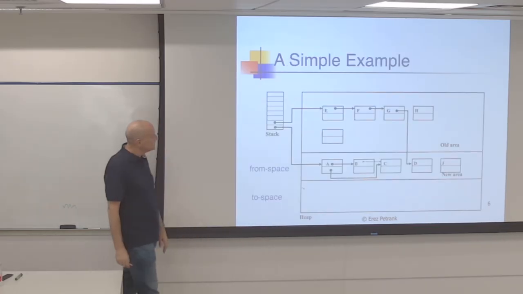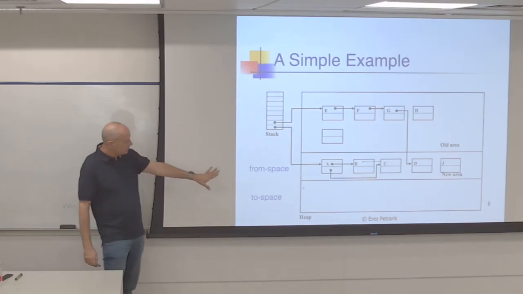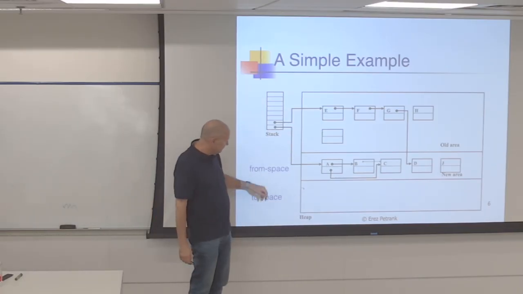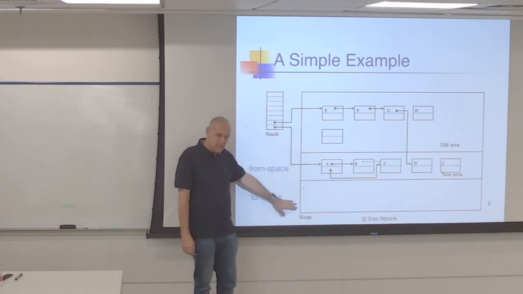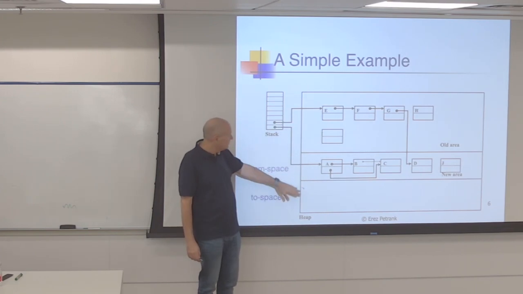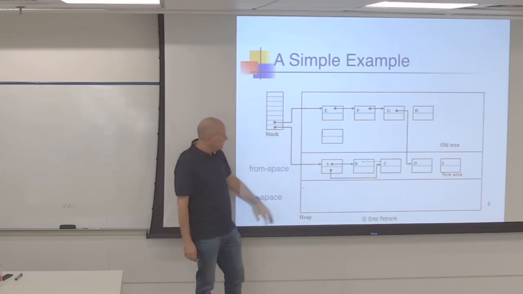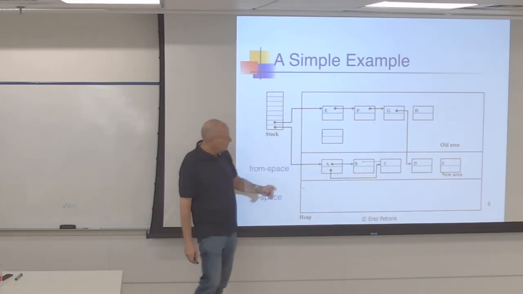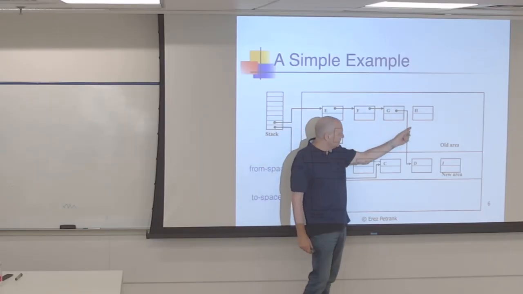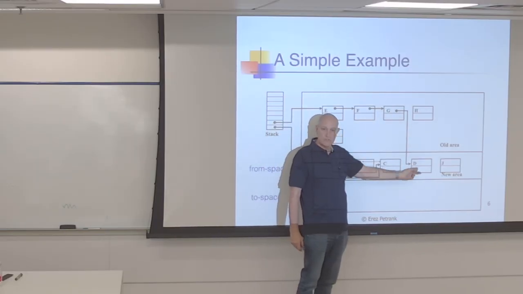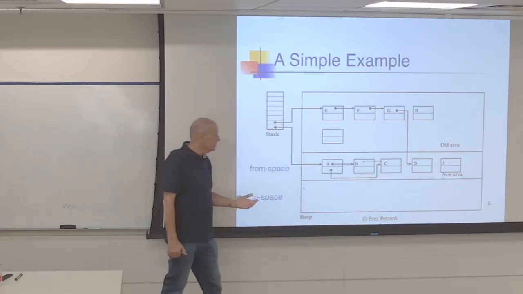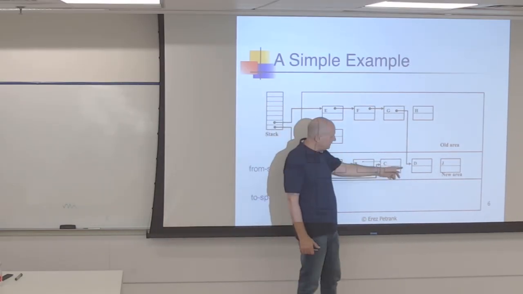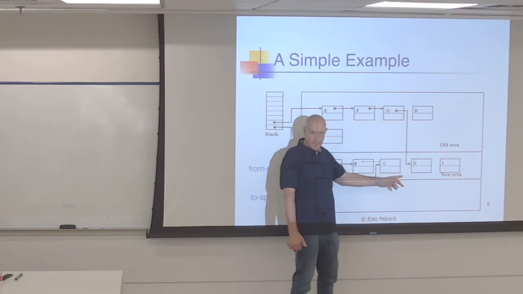So how do we do this? So we went through a simple example. Let me do it again. So suppose we have the young generation as a semi-space here, from space and to space, and this is the old generation. And we note that there is like a pointer between generations, from the old generation to the young generation, that we have to consider because it may imply that this object is alive.